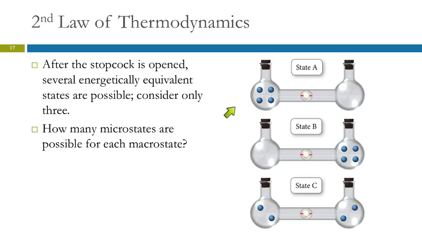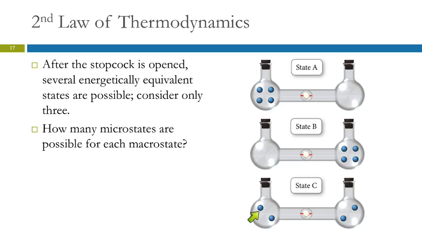So we could look at state A, where all of the particles are in the left side, state B, where all the particles are on the right side, and state C, where we have 2 particles on each side, all energetically equivalent. How many microstates are possible for each of these? If we gave these particles names A, B, C, and D, is there another way we could arrange them?